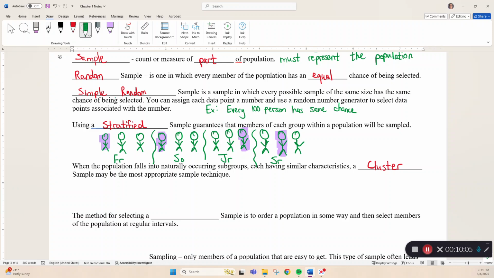So an example of this would be like you randomly pick two classrooms and survey all in that room.